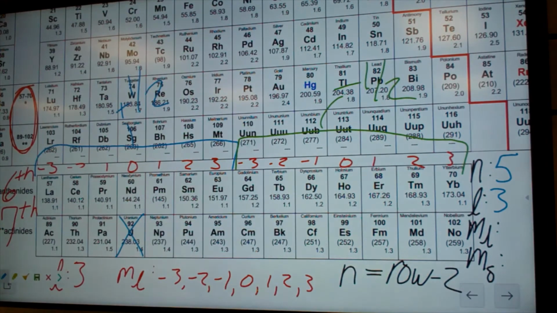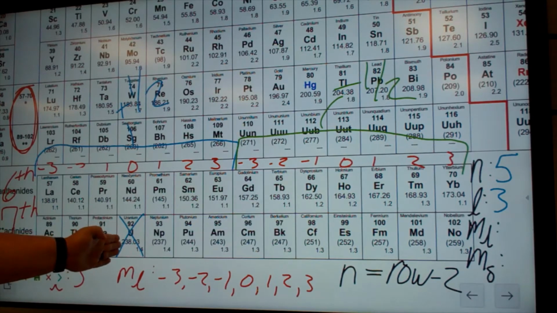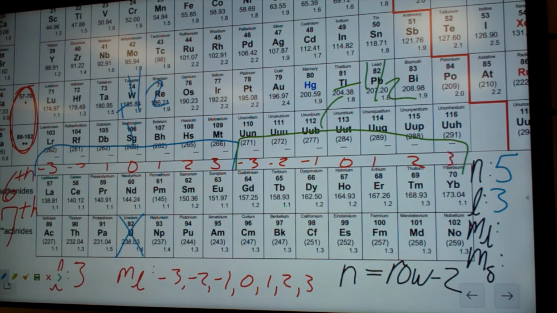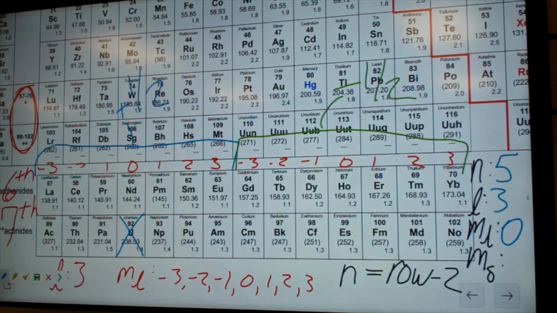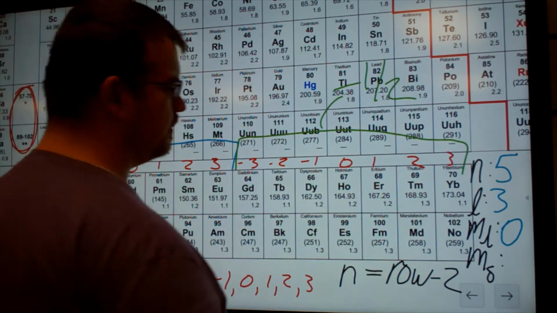M sub L, that's the orientation. At that point, I find the orientation. If you break down your periodic table, you can just look directly above. It is 0. And then the spin quantum number, it's the first time I see the set of numbers, so it is plus 1/2.